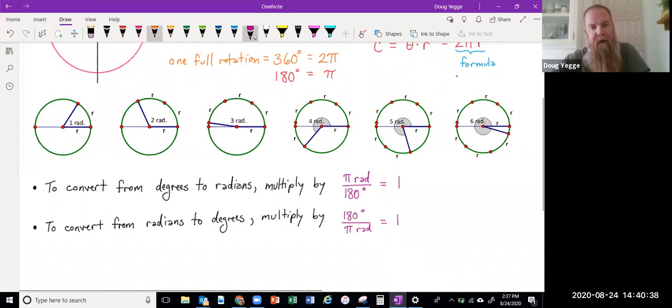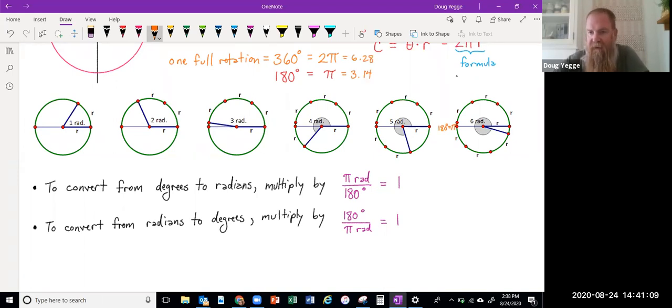So we should now be able to look back to this last diagram on the 6 radians and recognize why pi radians make sense. Why is it that 180 degrees is actually the same as pi? Well, remember that pi is 3.14 approximately, which also means that 2 pi is 6.28 approximately.